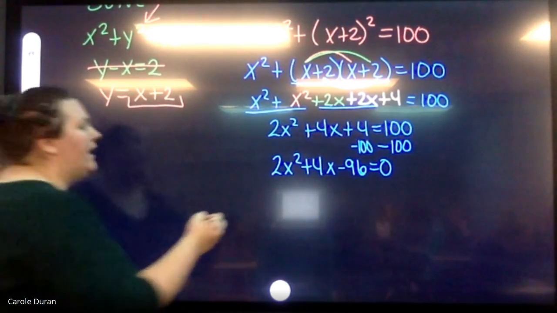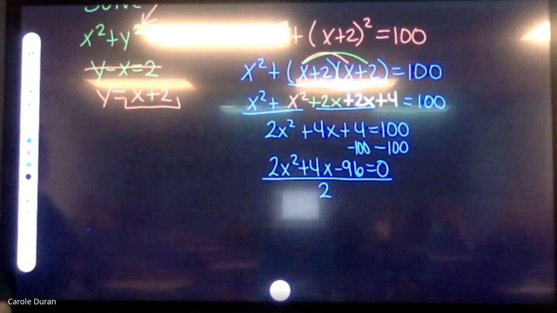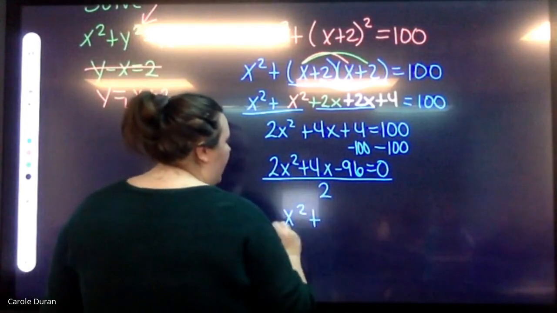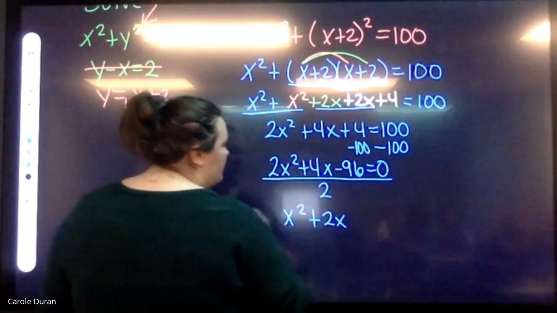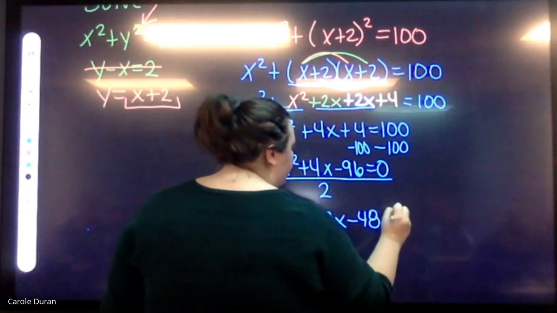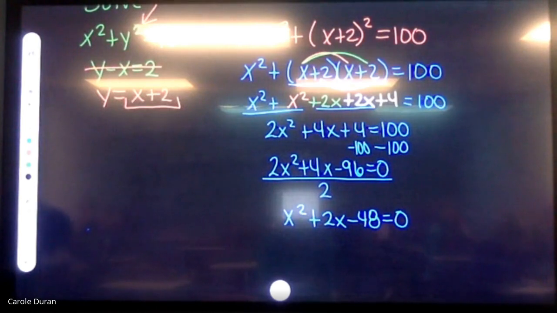So I need to divide all of these terms by 2, which will leave this in a form that will allow me to either quadratic formula it or factor it. So 2x squared divided by 2 is x squared. 4x divided by 2 is 2x. Negative 96 divided by 2 is negative 48. And 0 divided by 2 is still just 0. So now I have x squared plus 2x minus 48 equals 0.